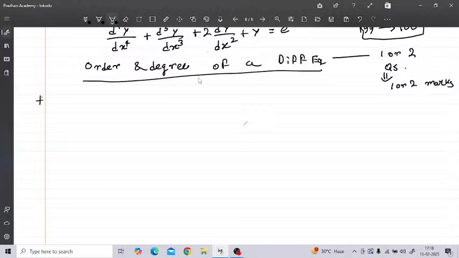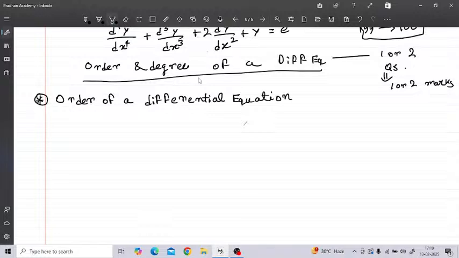Okay, so let's define order of a differential equation. Order of a differential equation is nothing but the highest order derivative present in the differential equation.